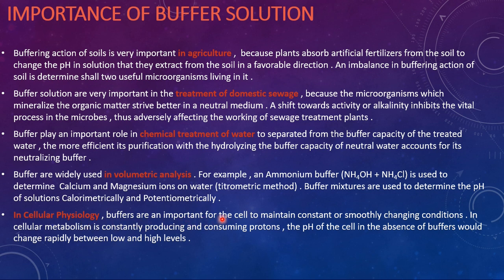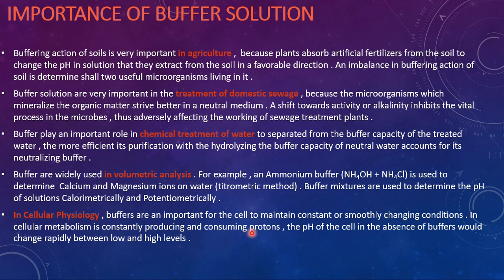Buffers are important for the cell to maintain constant or smoothly changing conditions. Cellular metabolism is constantly producing and consuming protons. So when there is a deficiency of protons, that means more alkaline conditions, protons will be added. If more acidic conditions are prevailing, the protons will be removed.